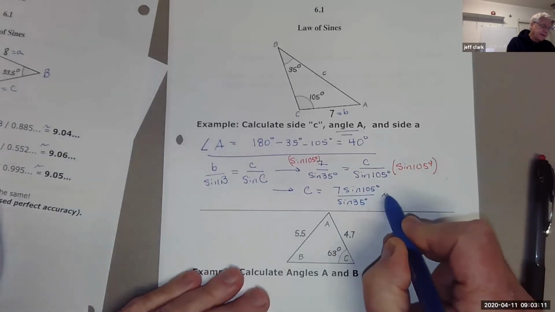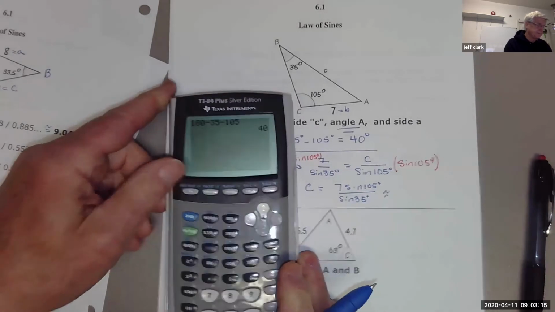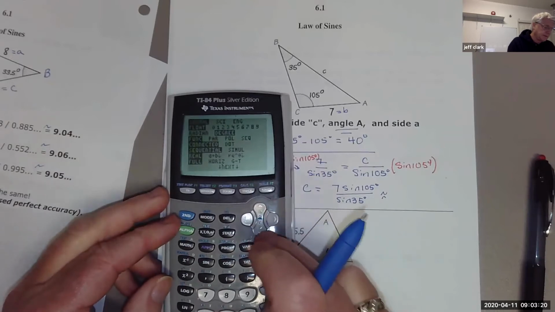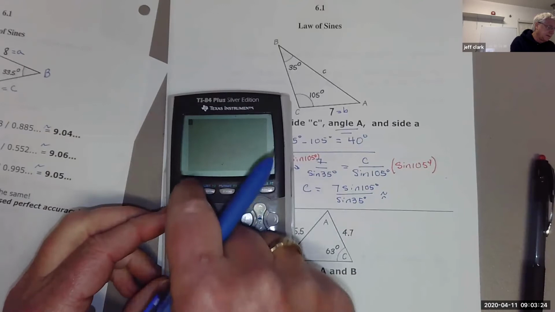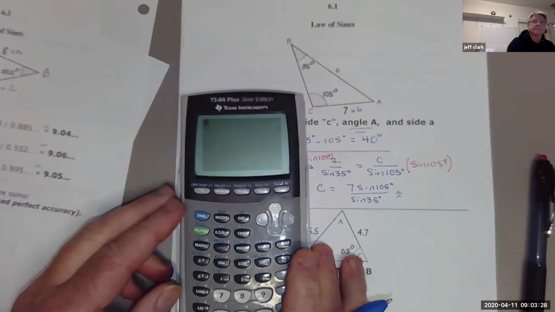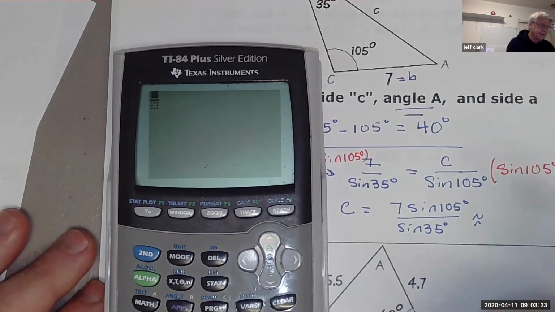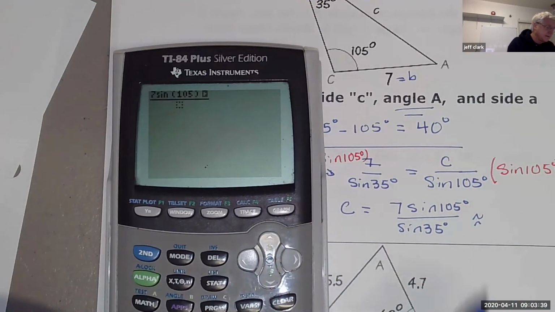And then put that in the calculator, decimal approximation, make sure I'm in degree mode, which I am. I did the little fraction thing, and I'm going to put in 7 sine 105, and then down here is sine 35.